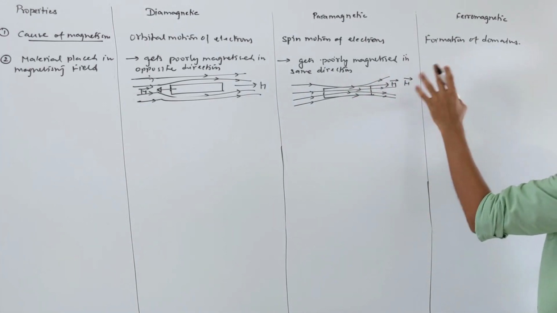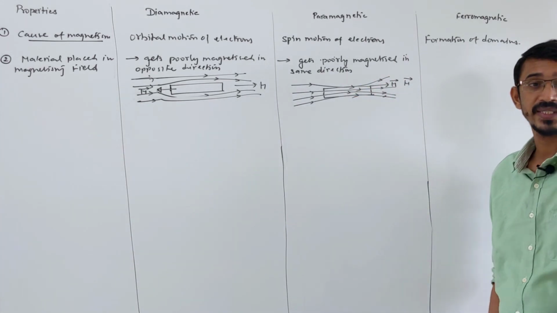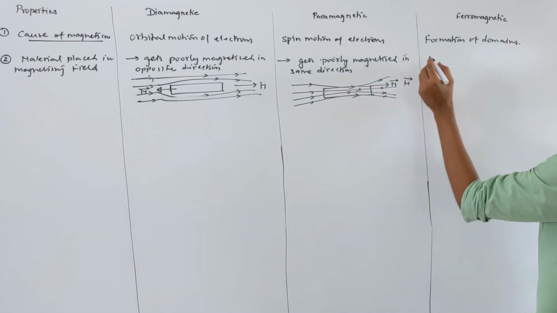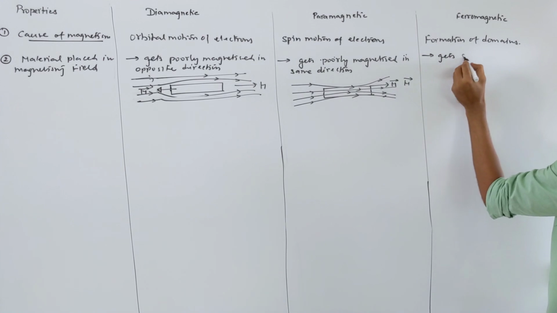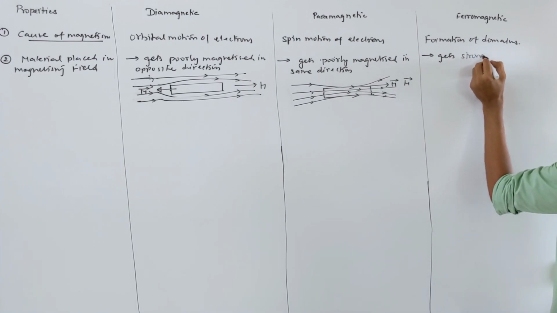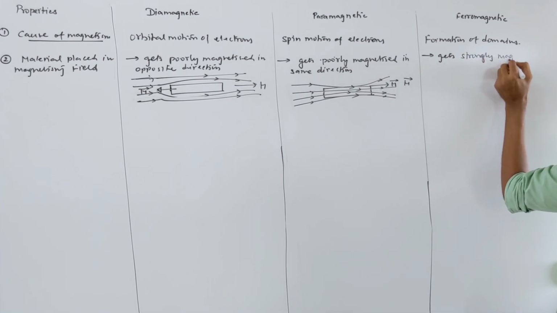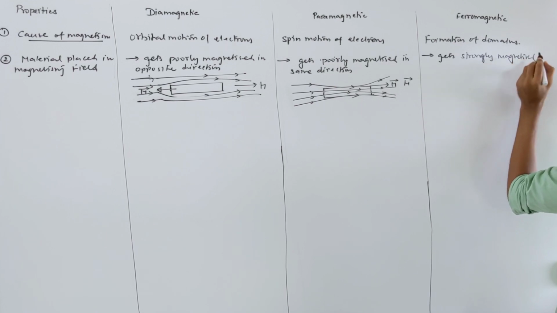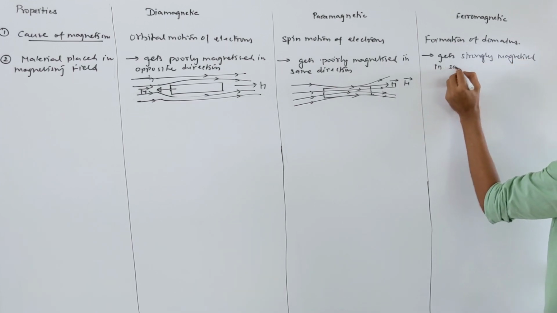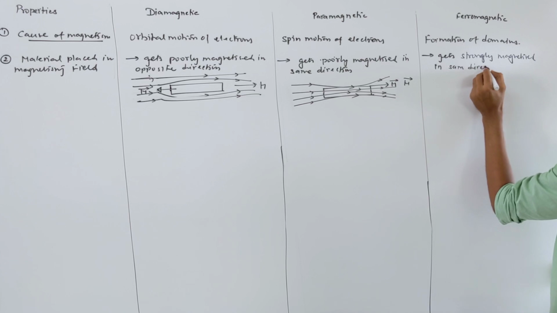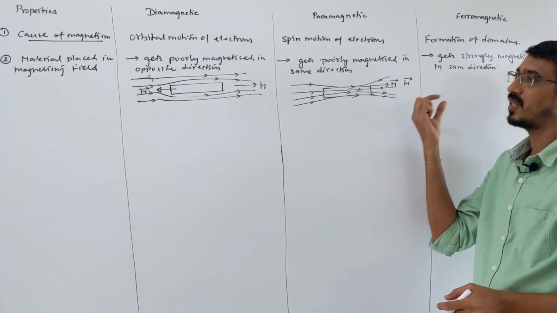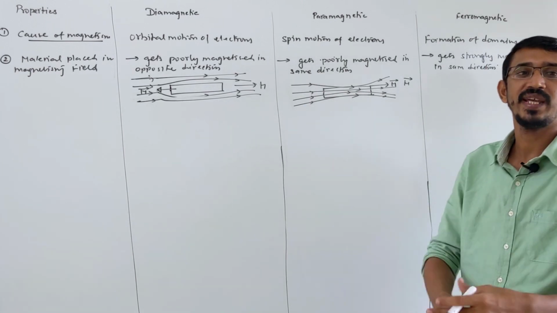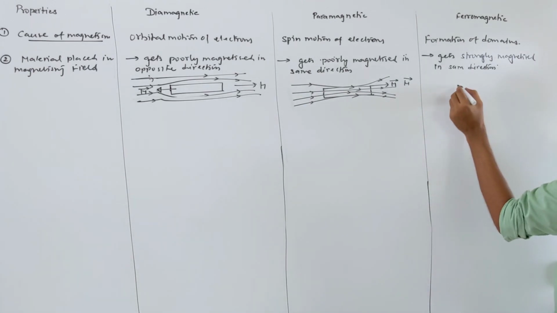Then what happens to ferromagnet? It gets strongly magnetized, again in the same direction. In this type of material, all the field lines will try to go inside the material and magnetize it strongly.